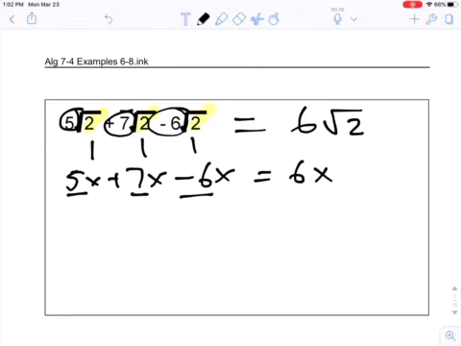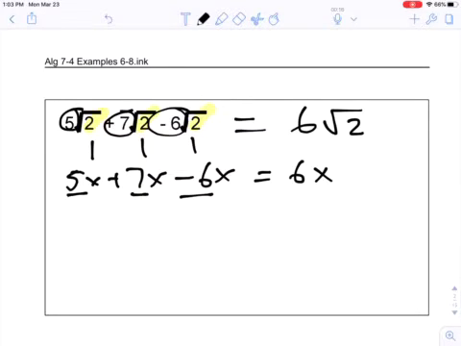So that's kind of how those work, when you try to get them to be the same. And in these examples, they are going to all be the same. So you pretty much just add or subtract. Think of them as almost like the coefficients that are out front, the numbers that are multiplying by the radical sign.